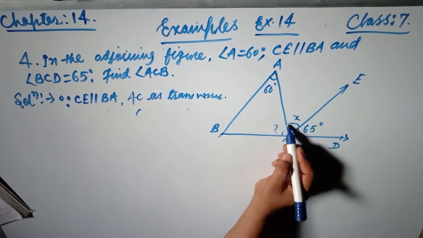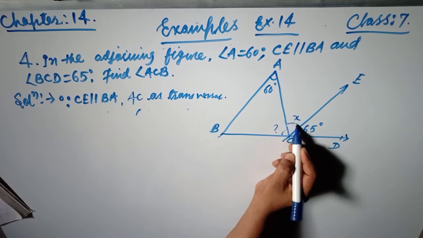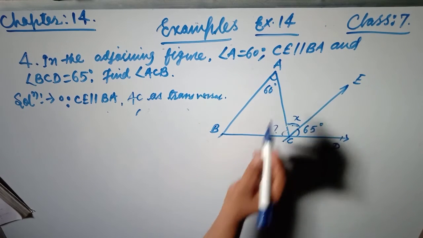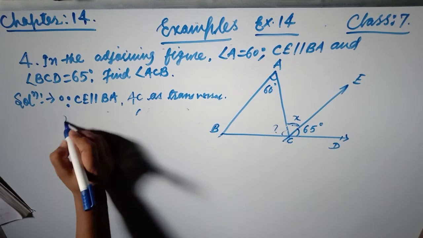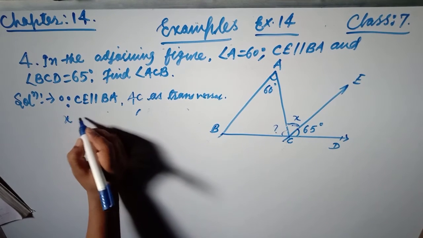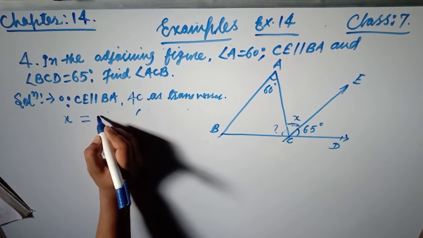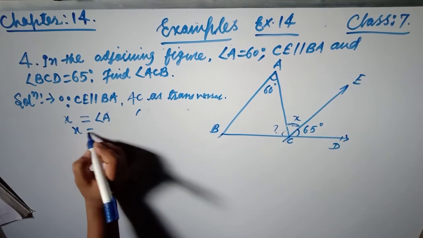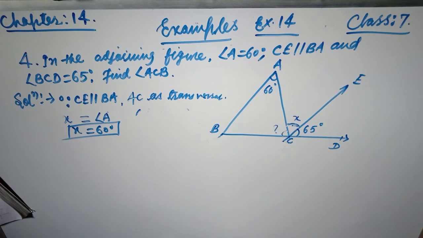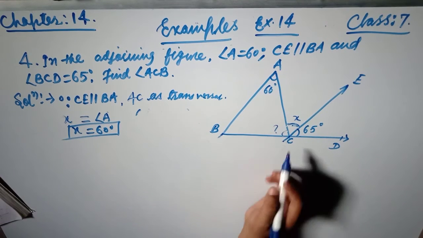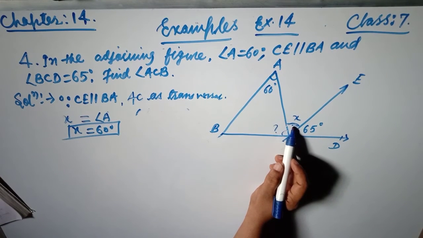Now friends, the angles in between the lines and the transversal are the alternate interior angles. So angle x is equal to angle A, which means angle x is equal to 60 degrees.